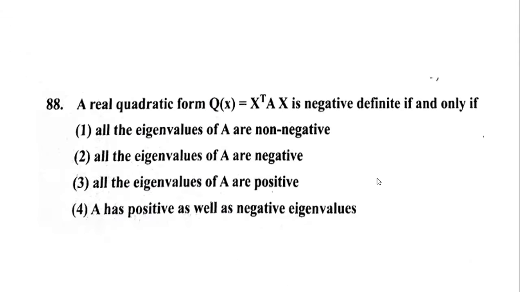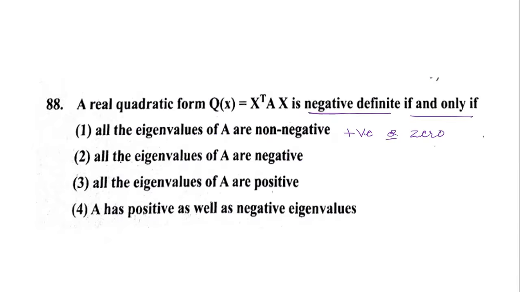Next, a real quadratic form Q of x equal to x transpose A x is negative definite if and only if, the given options: all eigenvalues of A are non-negative, that means positive or zero.